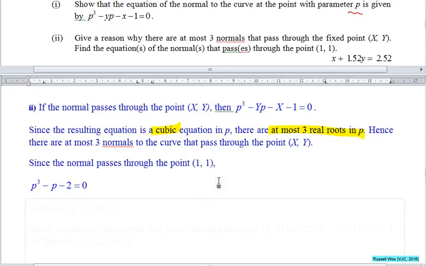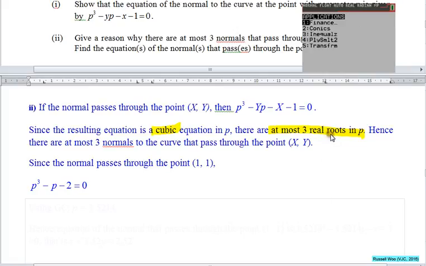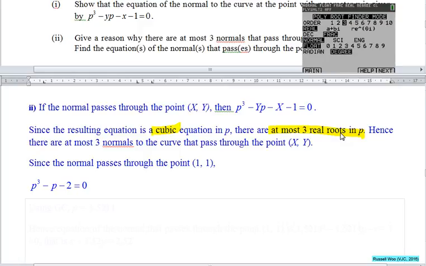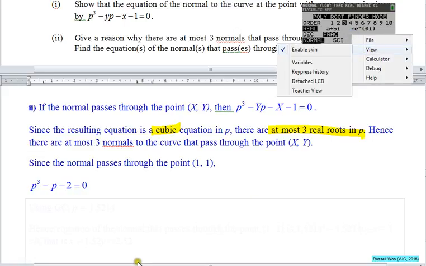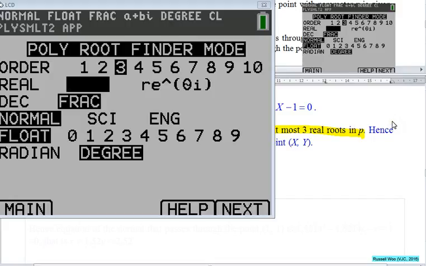Correct? Now I want to caution all of us. You may not make this mistake in this particular question, but I still want to warn us. Let's say you try to solve using the polynomial root finder. If by mistake you choose this, that means instead of real you choose this by mistake, I don't know how. Or in fact, sometimes you solve order 4.